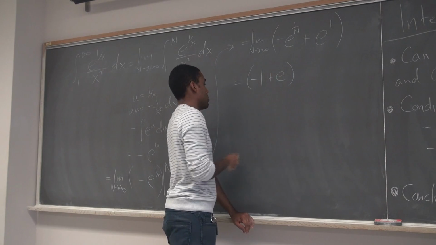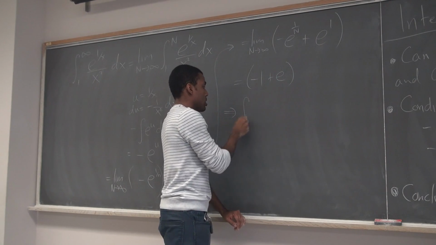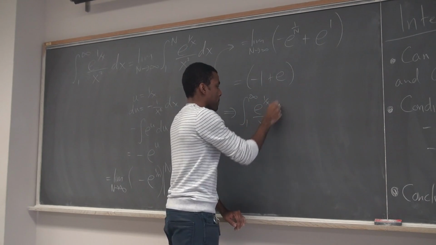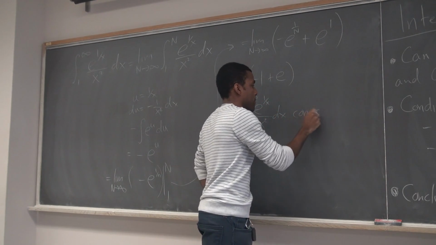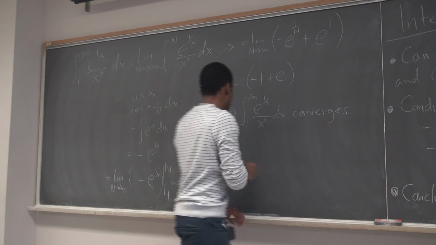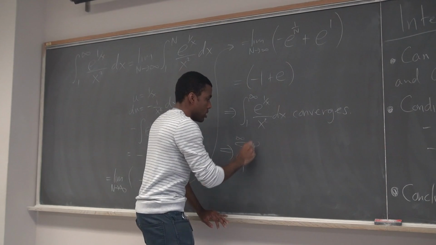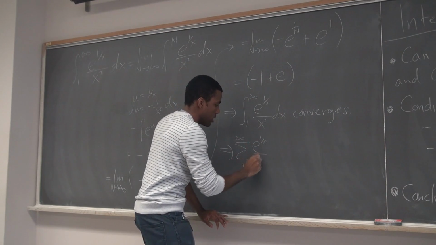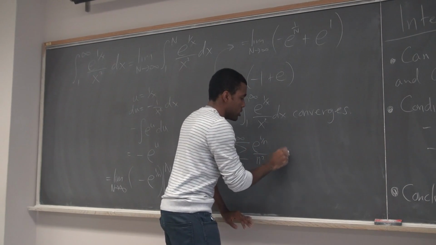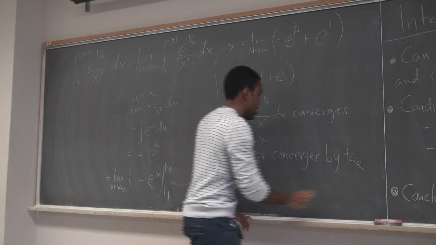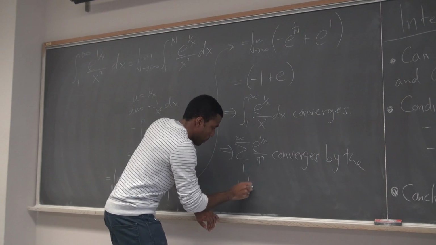It goes to e. This means this integral converges. This means the series from 1 to infinity, e to the 1 over n squared converges by the integral test.